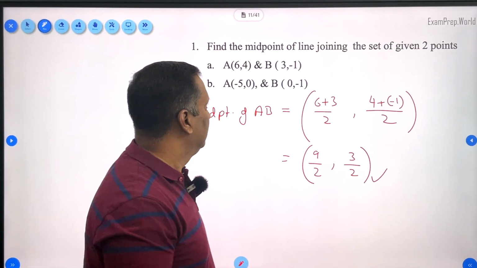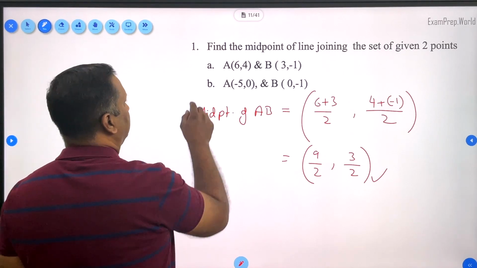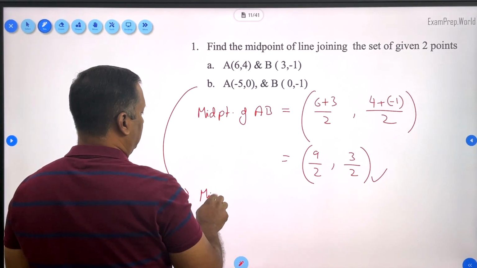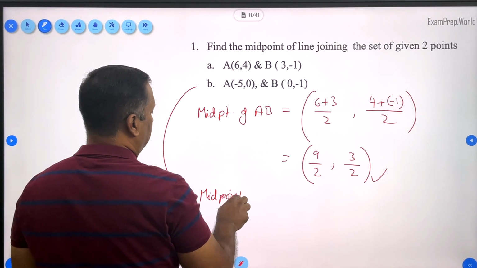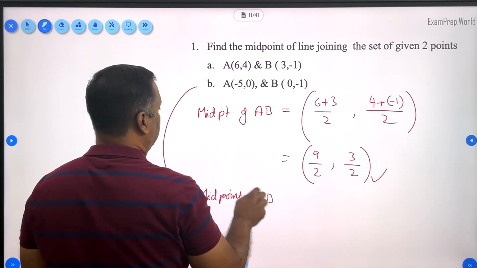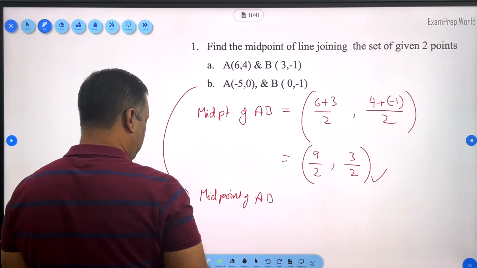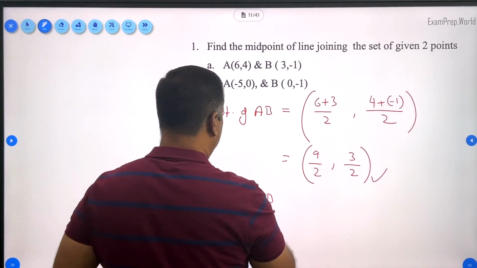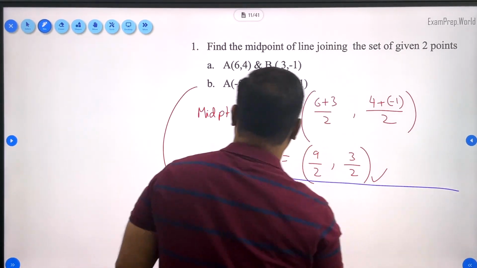Okay. Now let's go and do B. Midpoint of AB. So let me use another color. This is already done, and then we are doing this.